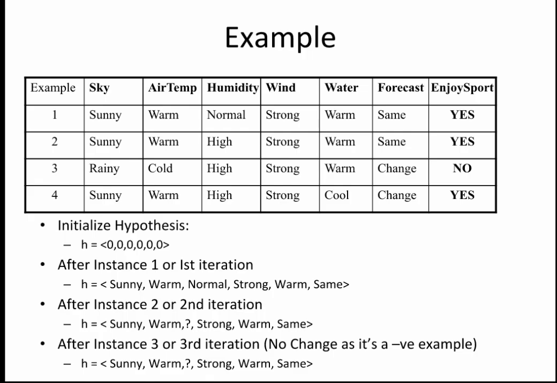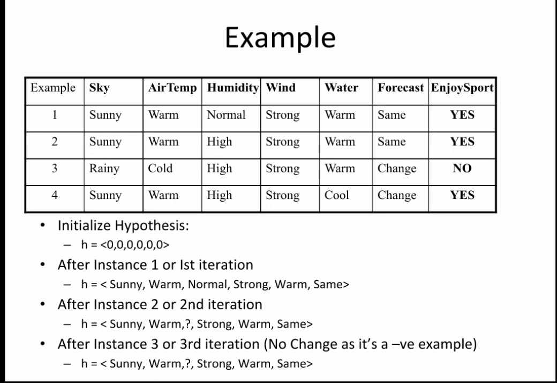This is the example of how we are going to start. See, we have initialized our hypothesis with zeros at all the places. You could start another way also, with a question mark in all the places.